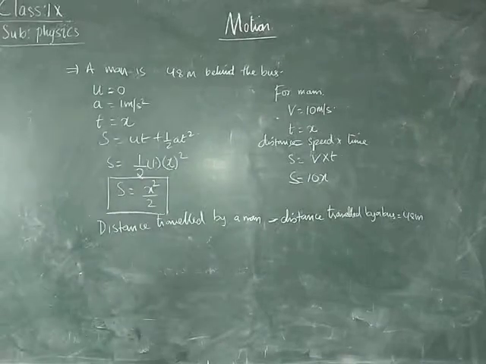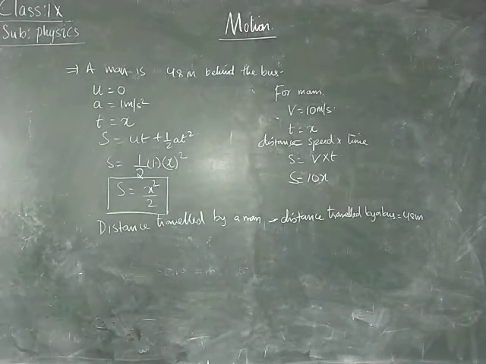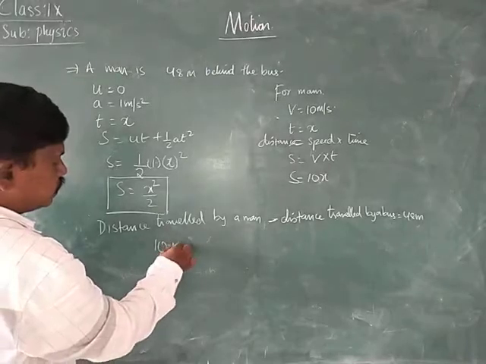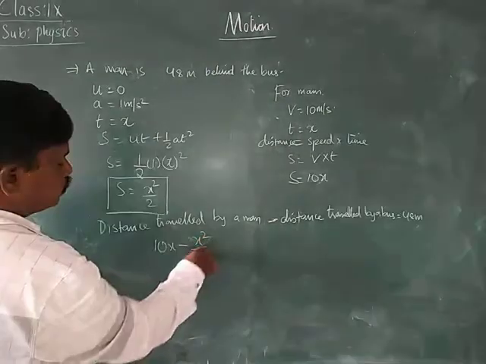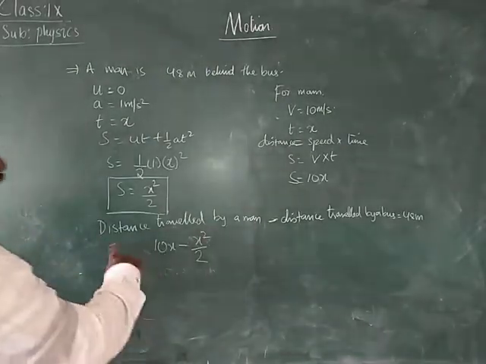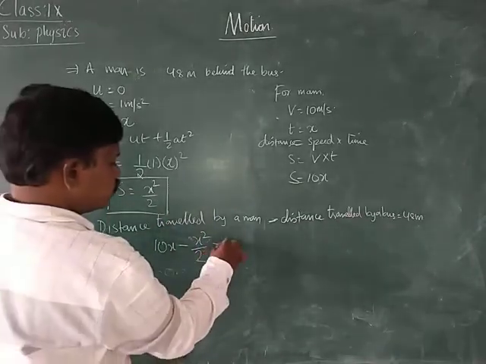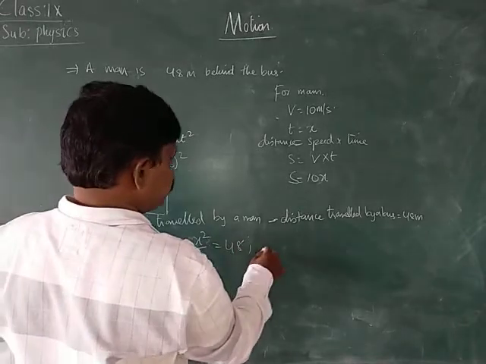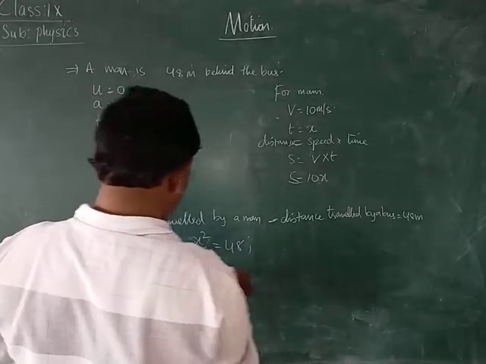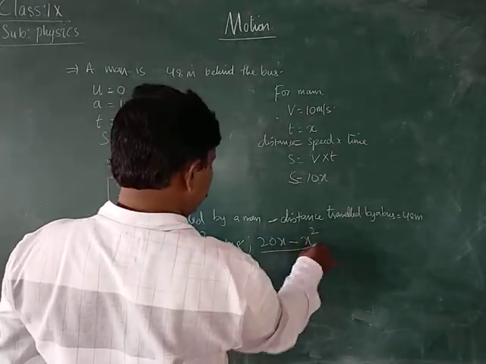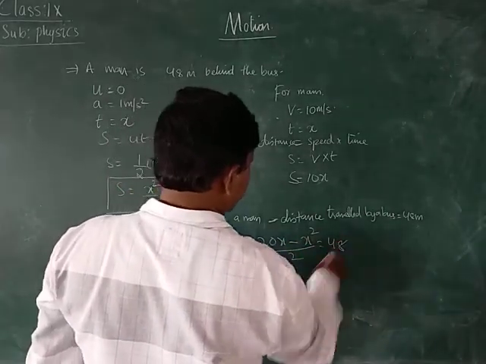Therefore, we get 10x minus x square by 2 is equal to 48. By solving this, 20x minus x square by 2 is equal to 48.